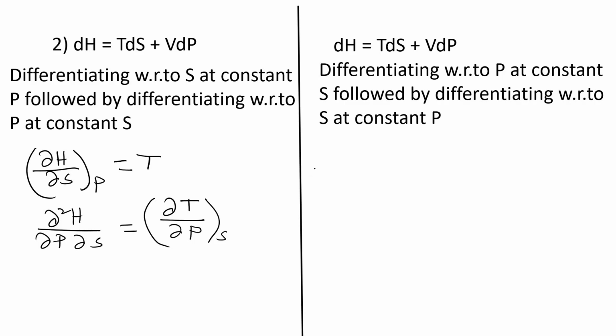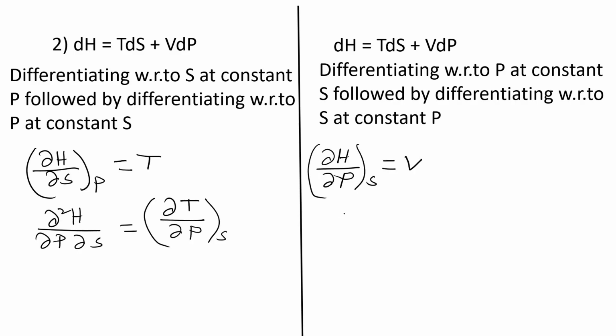Okay. Now, this side, what will it be? Just in the reverse way. First, you have to differentiate with respect to pressure. So, ∂H/∂P at constant entropy S. Then, dP by dP is equal to 1. That means it will be equal to V, and as entropy is constant, dS is equal to 0.